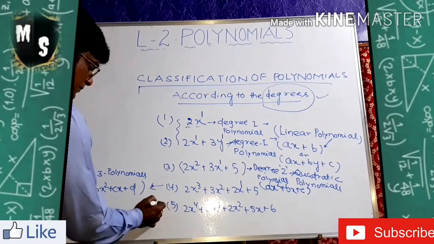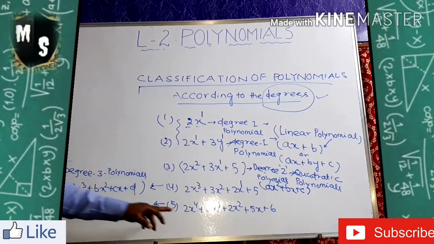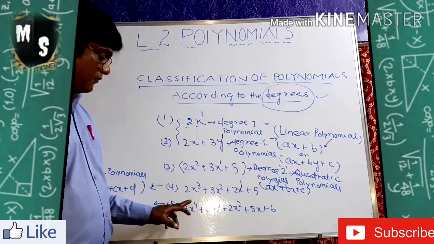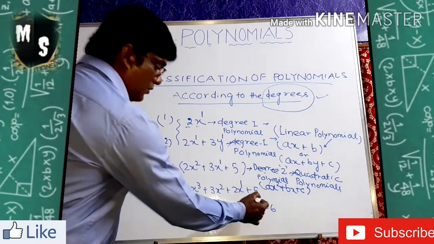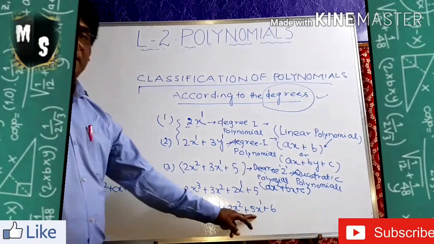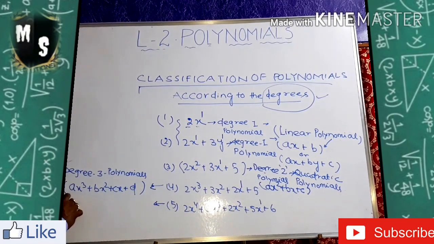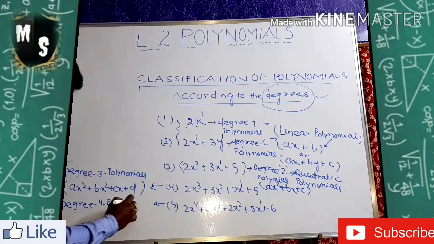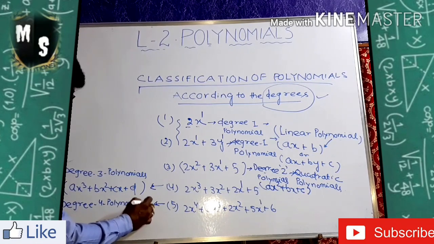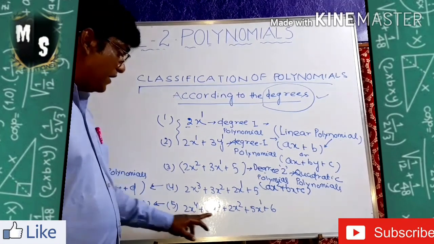Next, come to another type of polynomial, the degree 4 polynomial. Because see, here the variable has power 4, here power 3, here 2, here 1 only. So these polynomials have the highest degree 4, so they are called degree 4 polynomials. Degree 4 polynomials are also in one variable only.